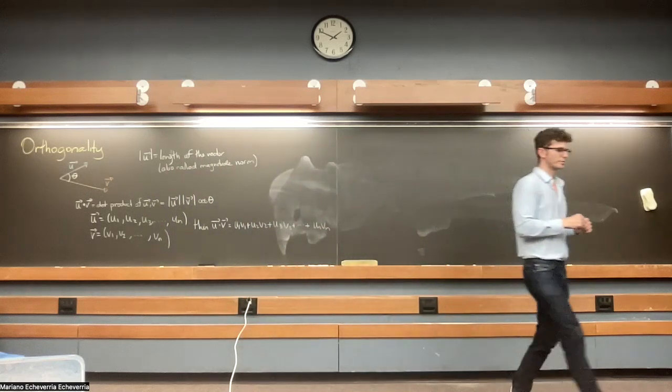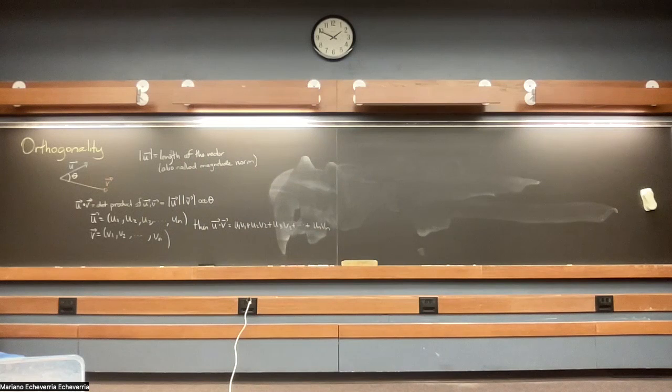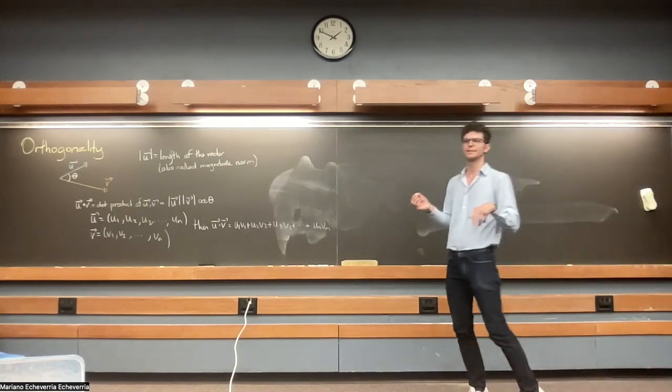So the way the dot product is computed in terms of the entries is pretty easy. You just multiply the corresponding entries and add them up together.